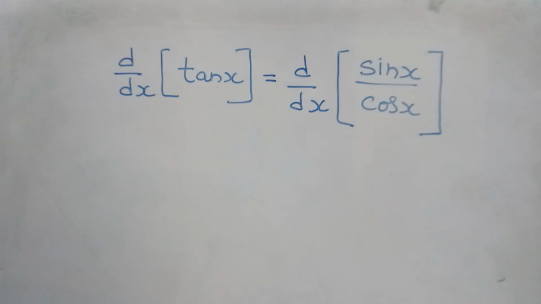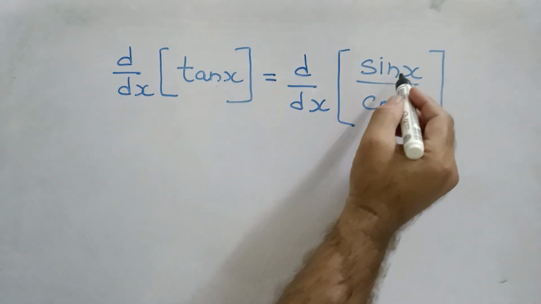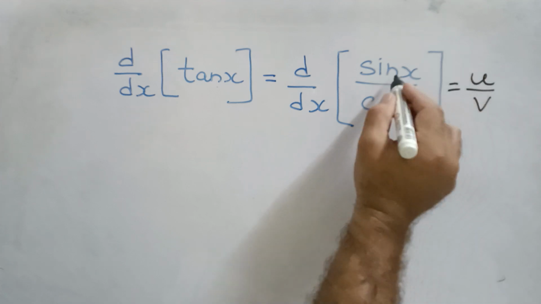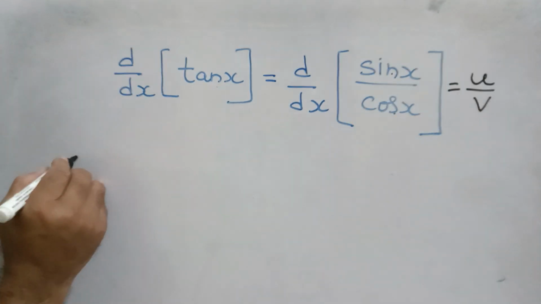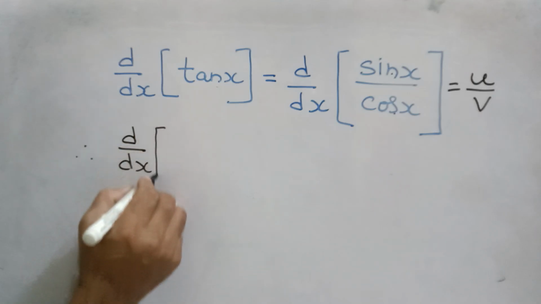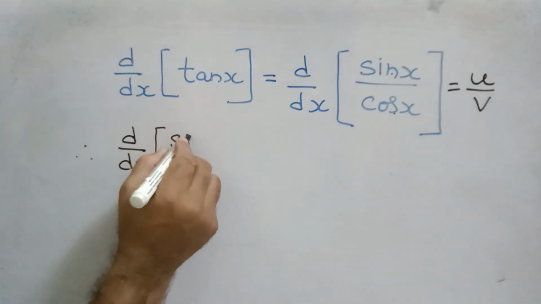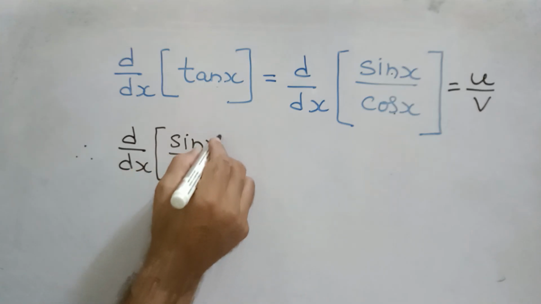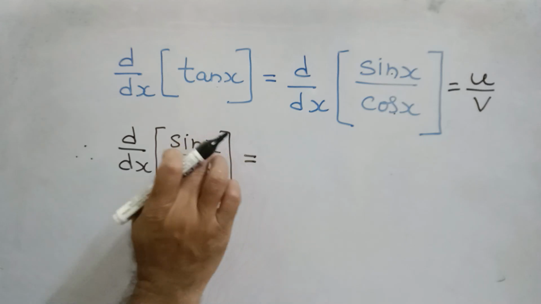Then what is this form? It is u by v form, no? This is u, this is v. What did I tell you just now? d by dx of sin x by cos x is in the form of u by v.